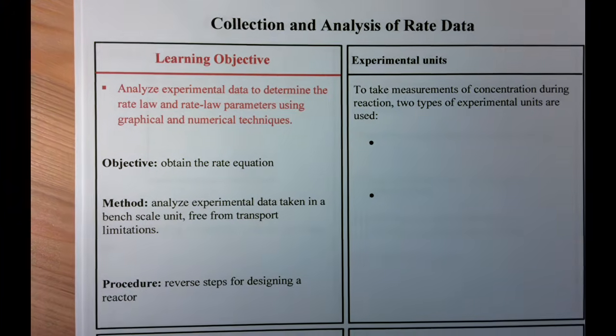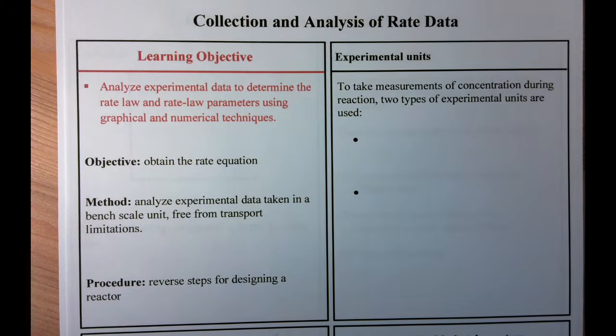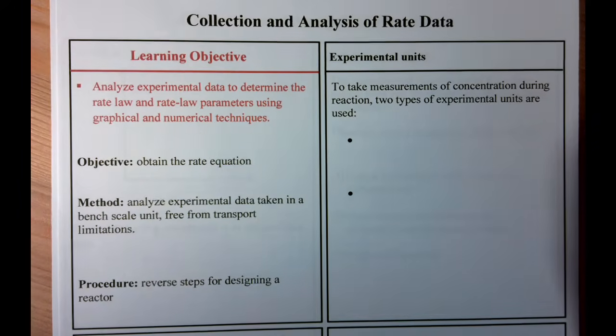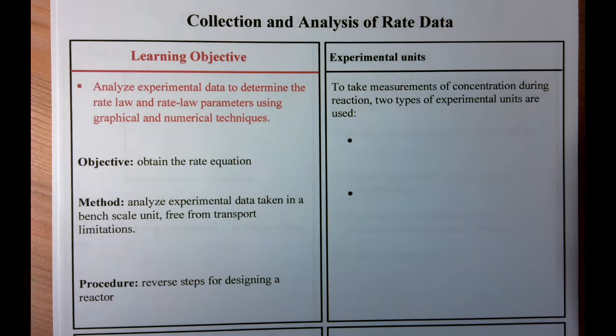The objective of the procedures that we will use here is to obtain the rate equation. The method is by analyzing experimental data that are taken at the smaller scale, free from transport limitations. In other words, there are no diffusional limitations in the system.